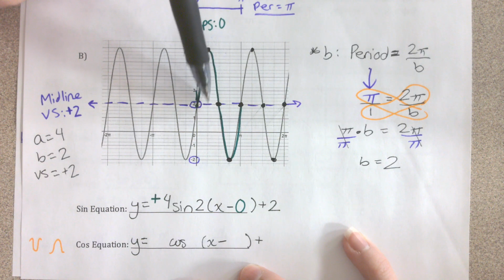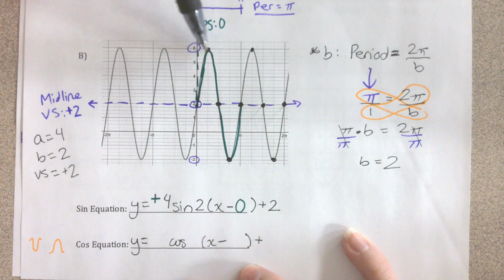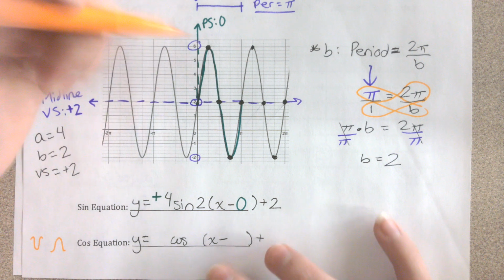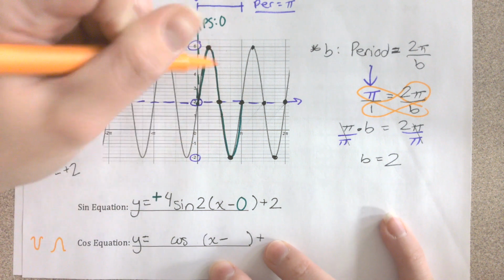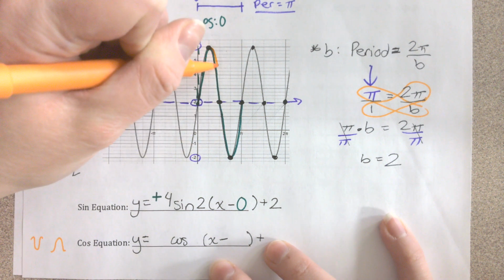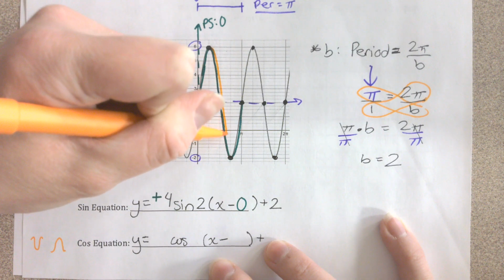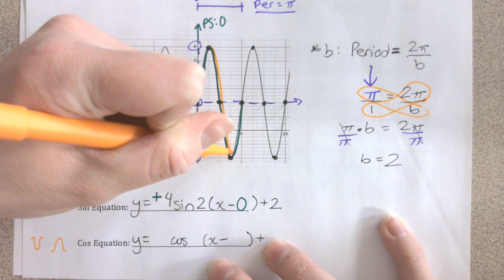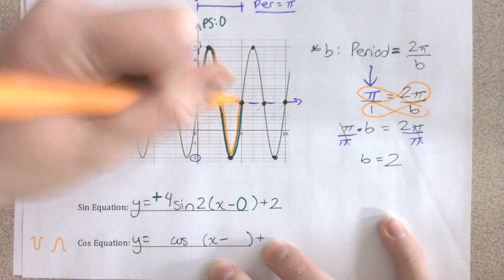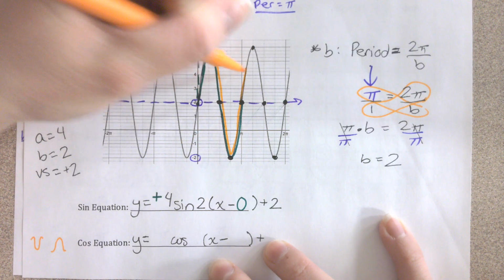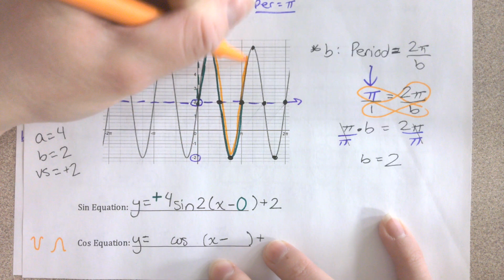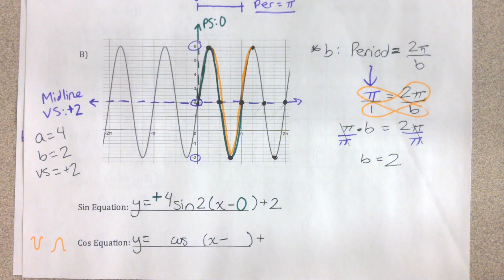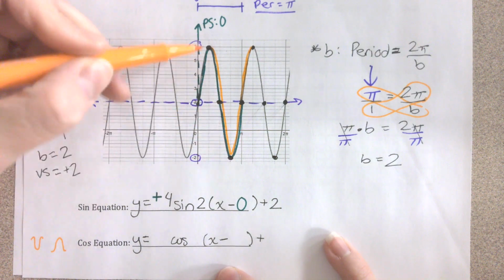So if I shift to the right, that next point is at a maximum. This is the start of a cosine curve. So this is where I'm going to begin my curve for cosine. Yes, the coloring is going to overlap, but that's okay. Just make a full U. So I'm going to go a little further than the sine curve started or ended. The green is my sine, and the orange is my cosine.